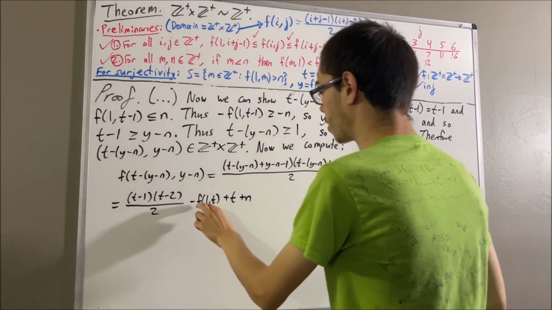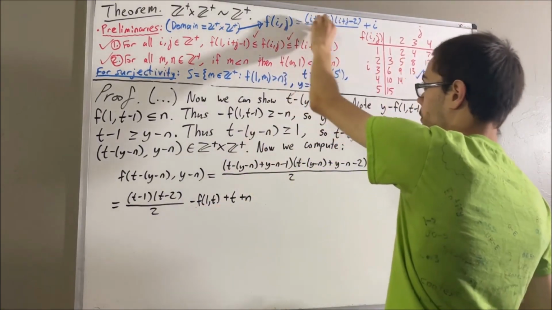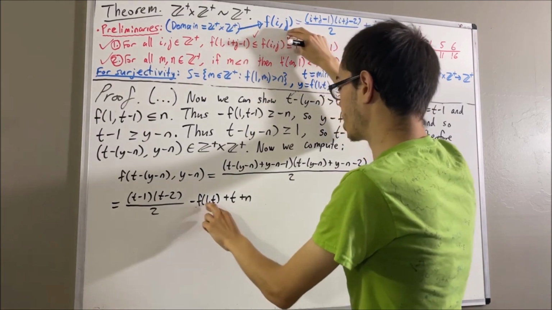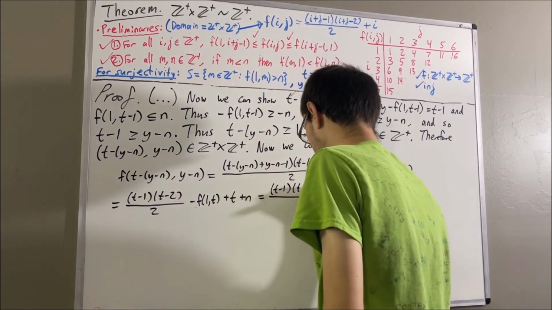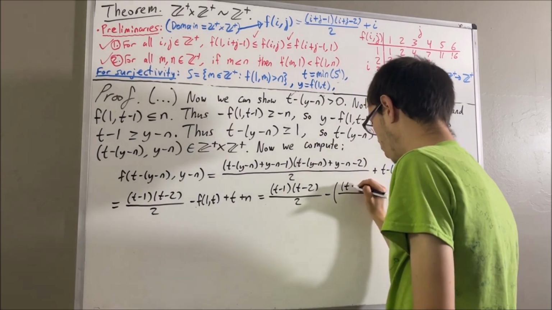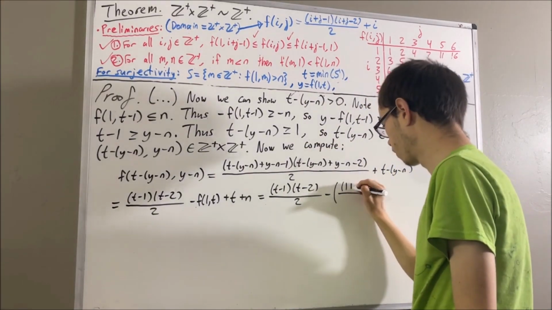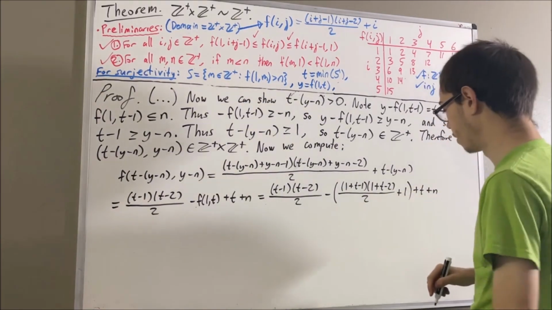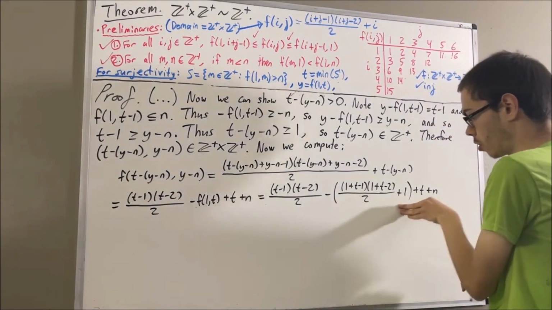And now let's compute f of 1 comma t using the formula for f. Right? We replace everywhere we see an i with a 1, everywhere we see a j with a t. Next, I'll immediately distribute the minus sign across.